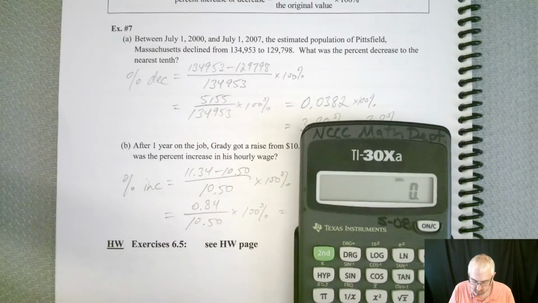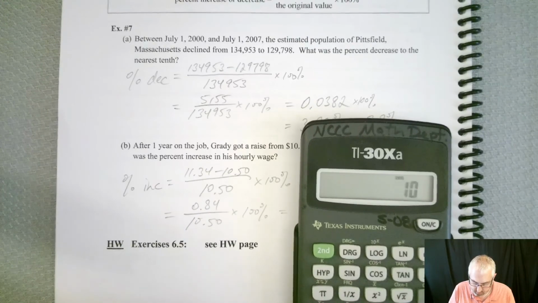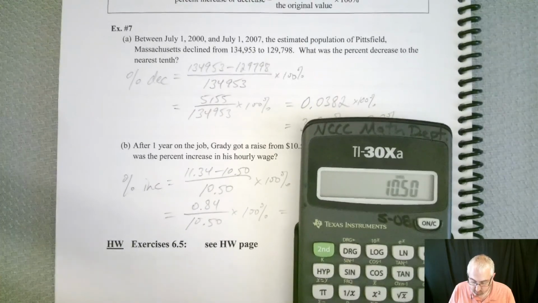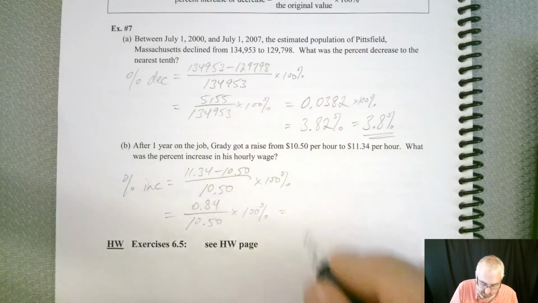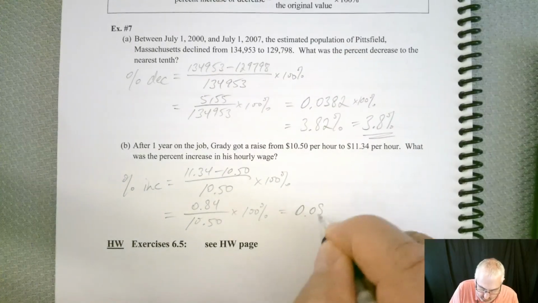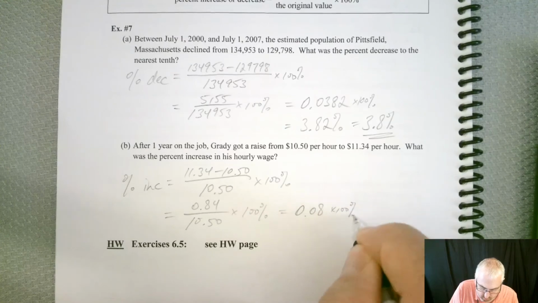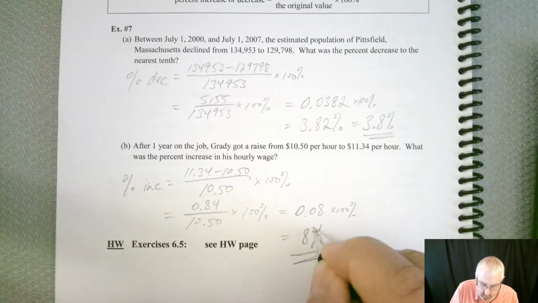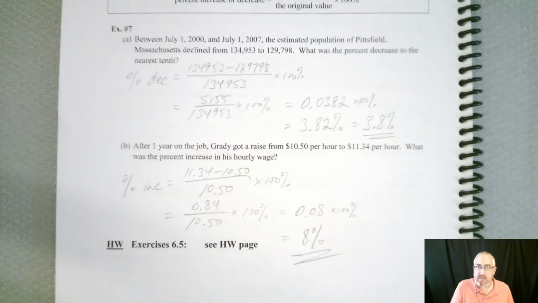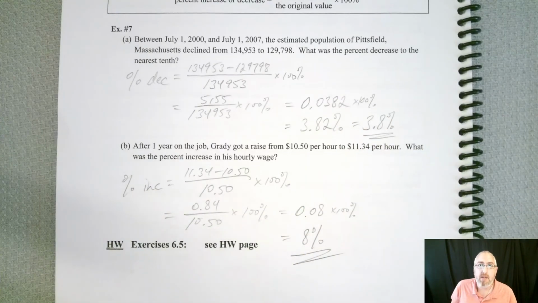So 0.84 divided by $10.50 equals 0.08. Which gives us 8%. 8% salary increase. Wow, that's pretty darn good nowadays.